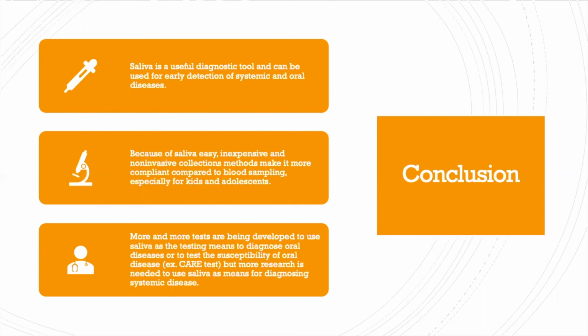But more research needs to be done on using saliva as a diagnostic tool for systemic disease, as a couple of studies compare proteins present in diabetic patients versus healthy patients, or proteins available in kids with autism, but that still isn't a test that you can rely on. So there's still more testing that has to be done. Saliva is a good tool, but it doesn't give a definitive diagnosis for a systemic disease.